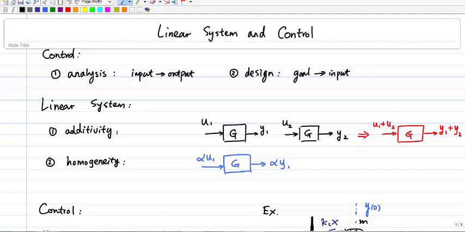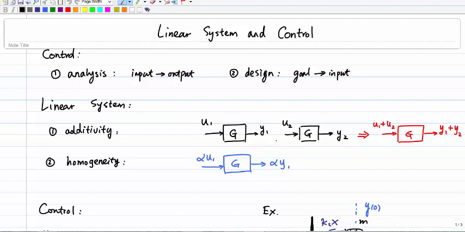When we talk about linear systems, there are a couple of properties that are required to be satisfied. One is called the additivity property. For example, if I give a system G, this is called a block diagram, given in the undergraduate control class.